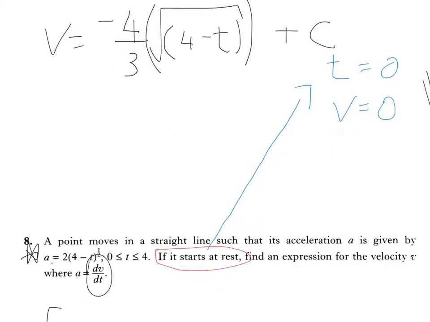Now if I go back to the question, it says that the point starts at rest. Starts implies that time is equal to 0, at rest implies that v is equal to 0. So what I can do now is make a substitution into this equation for the velocity, which is t equals 0 and v equals 0.